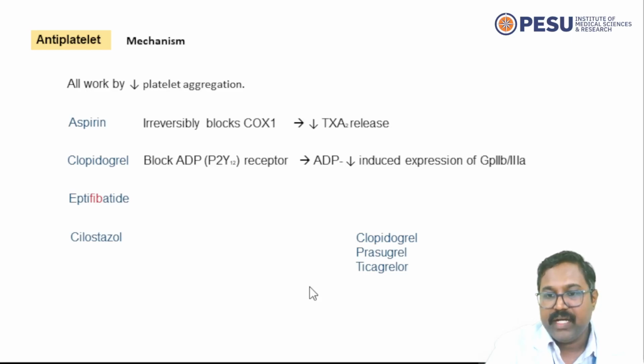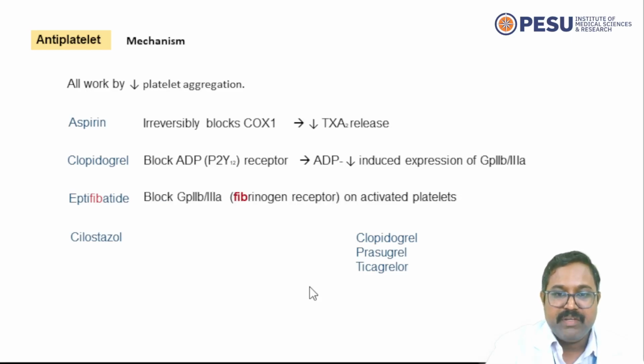We have prasugrel and ticagrelor with a similar action, and eptifibatide will block the GP2B3A fibrinogen receptor, thereby inhibiting the platelet aggregation. So it will inhibit the linking of one platelet with another platelet.